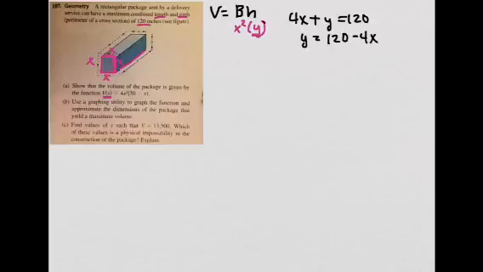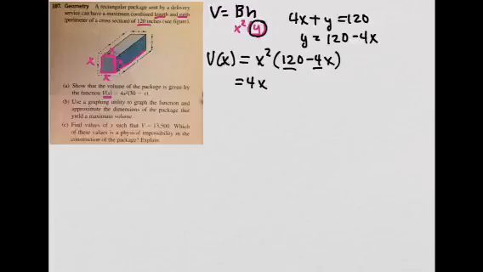And that's what I'm going to substitute here. So v of x equals x squared times 120 minus 4x. I can factor out a 4 from here and here, and put 4x squared times 30 minus x, and that's exactly what you see in part A.